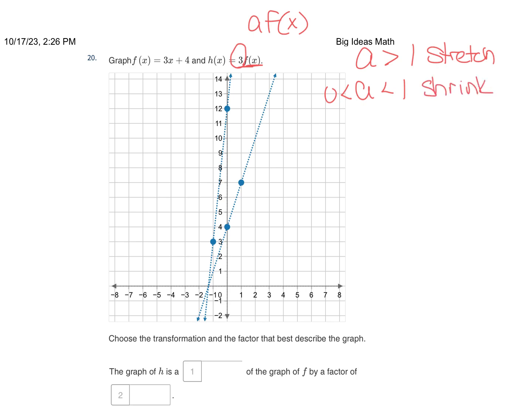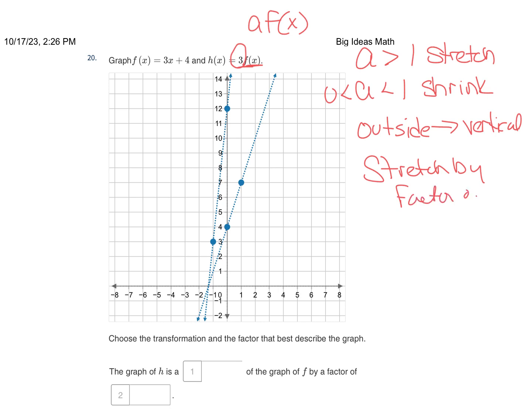All right, so this is on the outside. So outside always means you're dealing with vertical. We don't have to do anything to the 3, so it's a vertical stretch by a factor of 3. Okay.